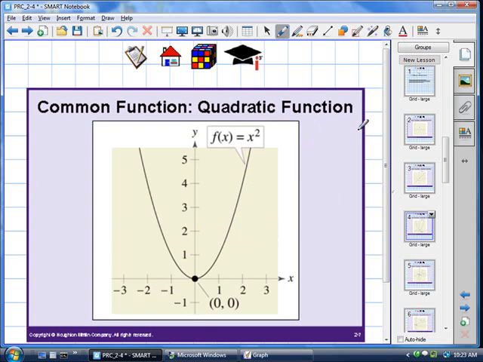Quadratic, what? I still think it's kind of an odd name because quad seems to imply 4 to me. But anyway, you know by now that a quadratic is a second degree equation.